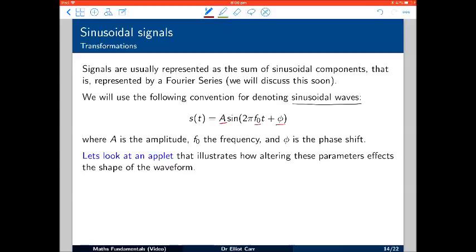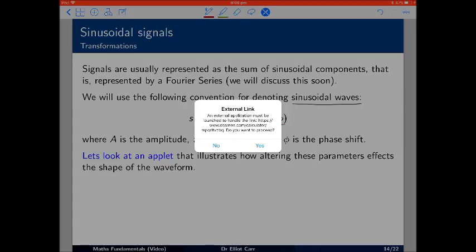There's an applet here which illustrates the effect of altering each of these parameters: altering A, altering f0, and altering phi, and what effect that has on the function. I'm just going to open that and have a little play with that.